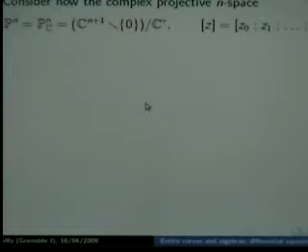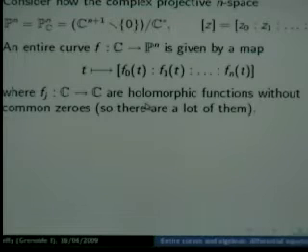And then it's easy to show that an entire curve into projective space is just obtained by putting n plus 1 holomorphic functions which have no common zeros. And there are, of course, a lot of them.